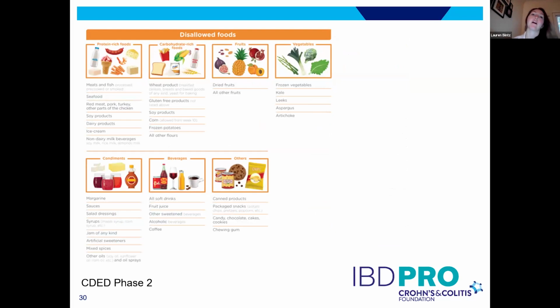These are the disallowed foods, so foods that are not allowed at all on this phase.